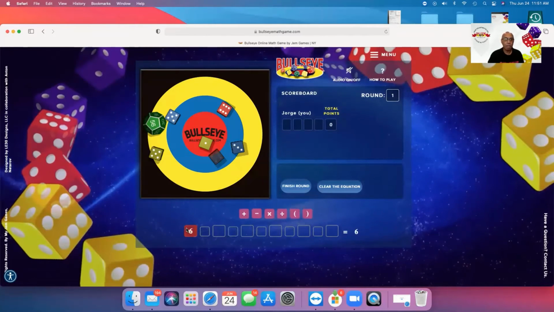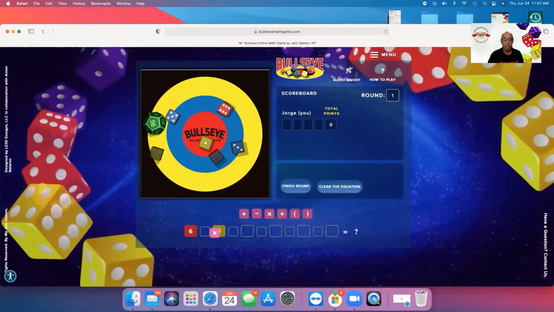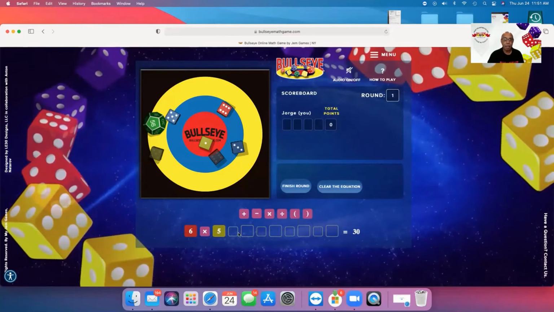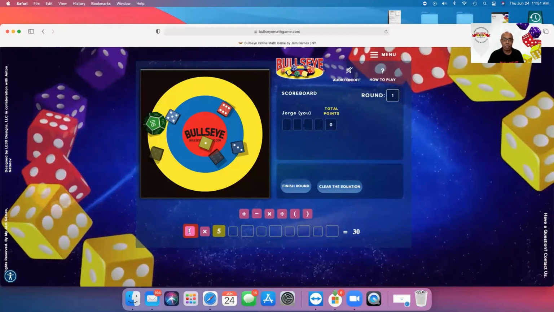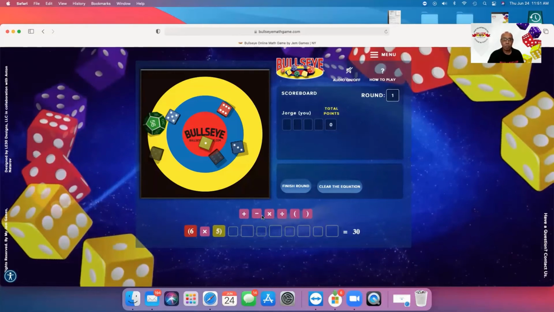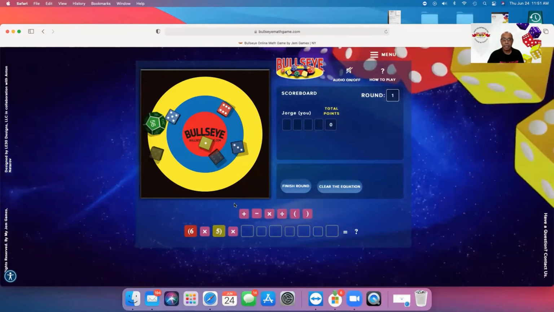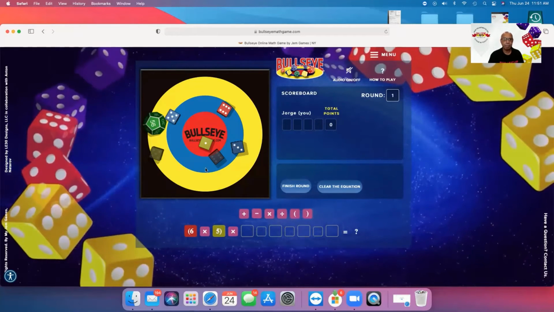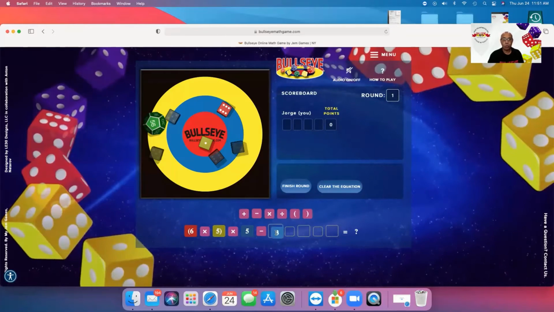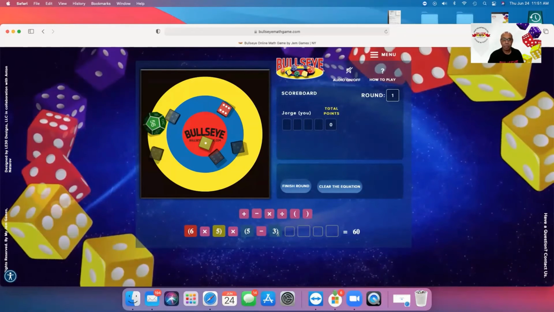So let's go with 6 times 5 gives you the product of 30, right? And then I'm going to enclose that in parentheses. And I would like to multiply that by, let's see, 5 minus 3, I'm sorry, enclosed in parentheses.